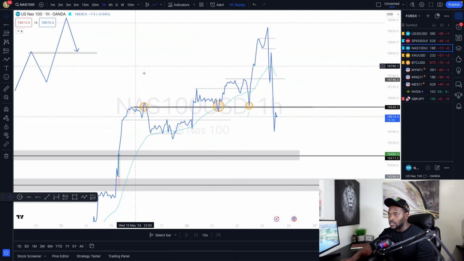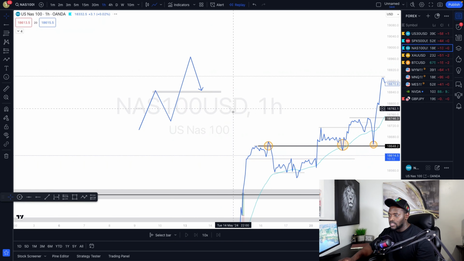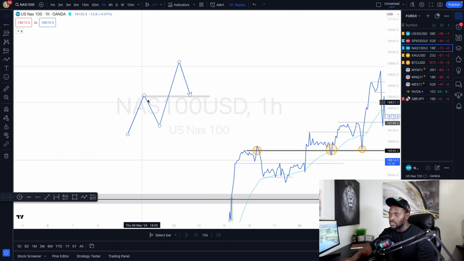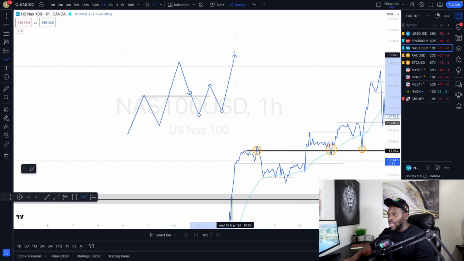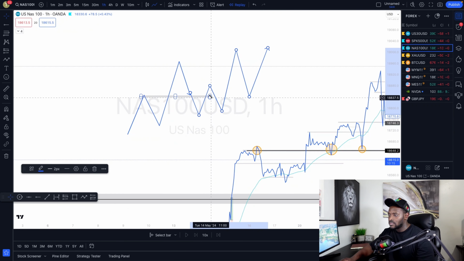Because what you want to remember is that the market will generally move like this, and it'll do some of that, but eventually it'll come to the level, have its rejection, and move back up if it's in an uptrend, right?